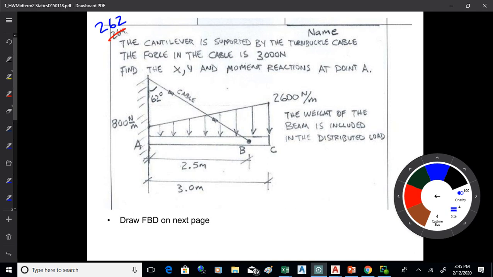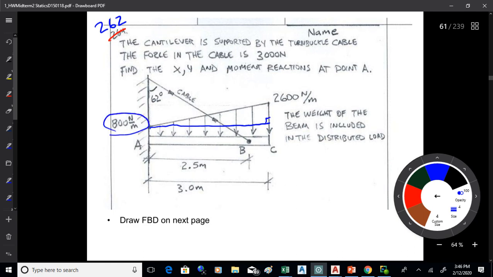All right, so when I see something like that, here's what goes through my mind. I'm seeing a trapezoidal load. Okay, I need to break that down. So that's one of the first things I think about. I'm going to turn that into a rectangle and a triangle, right? Now I notice this height over here, 800. So that means the height of my rectangle is 800, right?